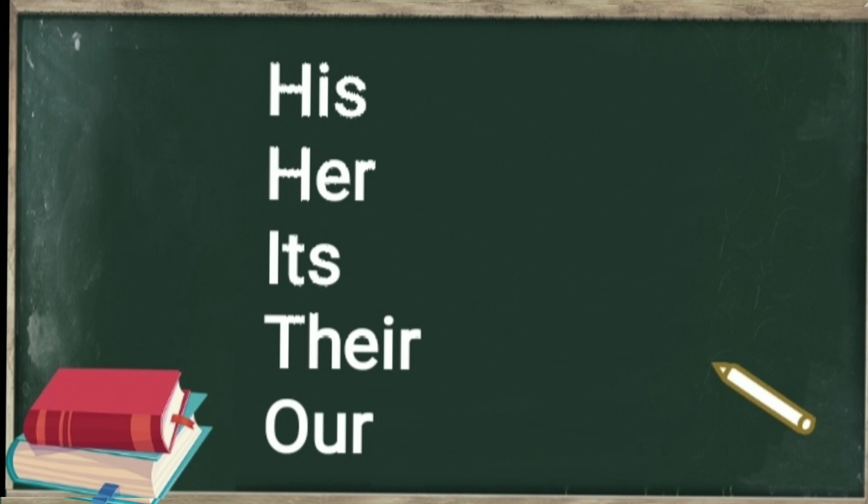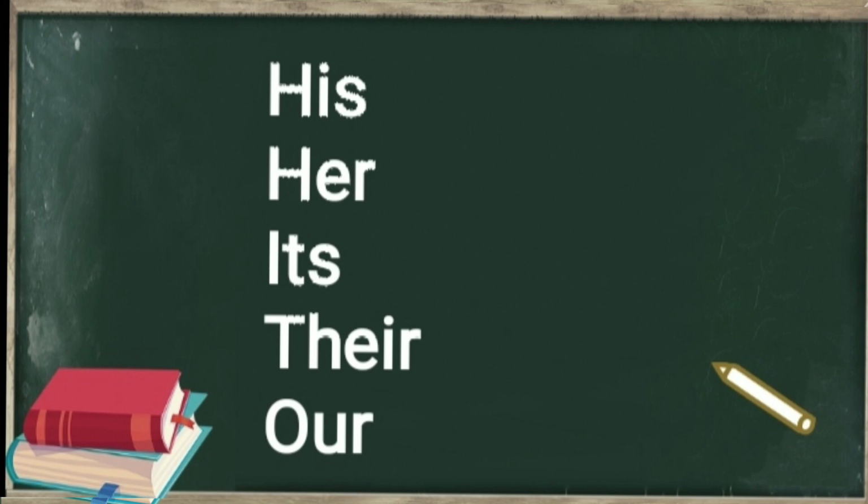Another example, it is a dog. Its tail is very long. So, whose tail is very long? It is the dog's tail. The tail belongs to the dog. So, when the things belong to an animal or a thing, we use the word its. Let us take an example of a thing.